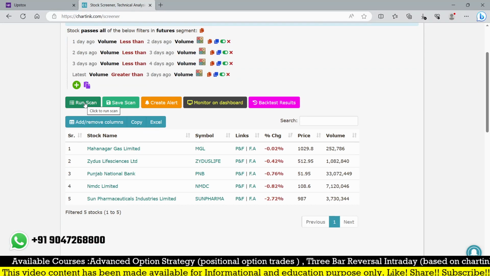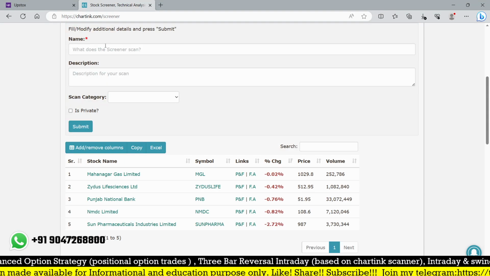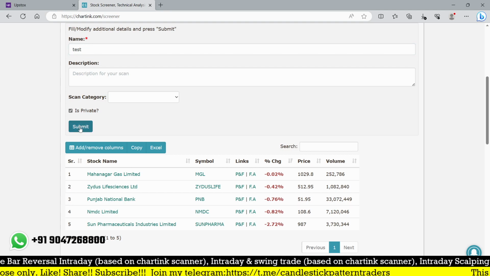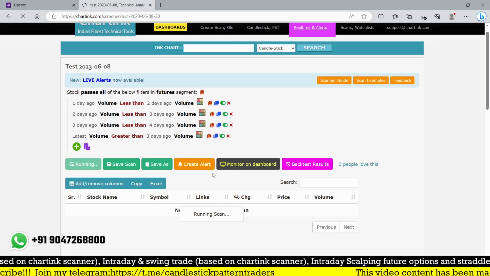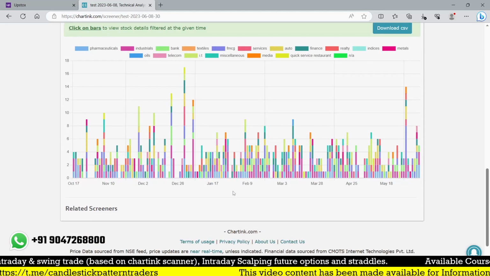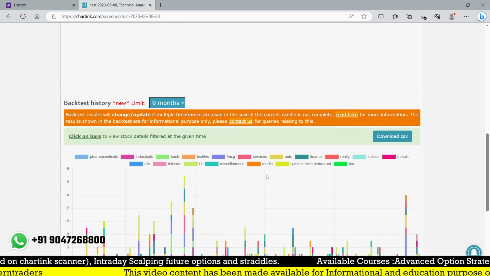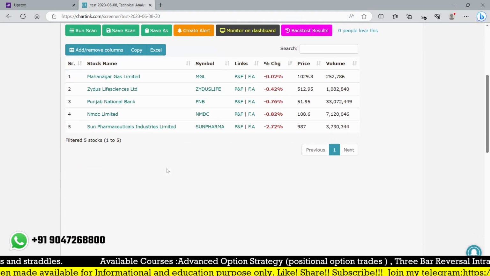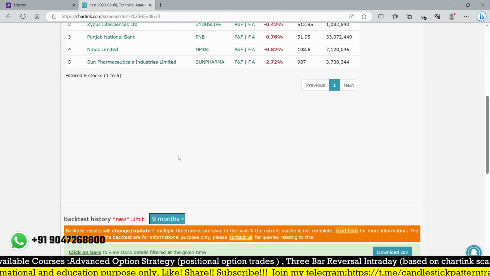So we need to save the scan, and after saving the scan we can go ahead. I always save it as a test, and I will submit it to get the backtest. Many stocks we are filtering, and you can add more than just volume, you can add filters, and that will help you find trades.